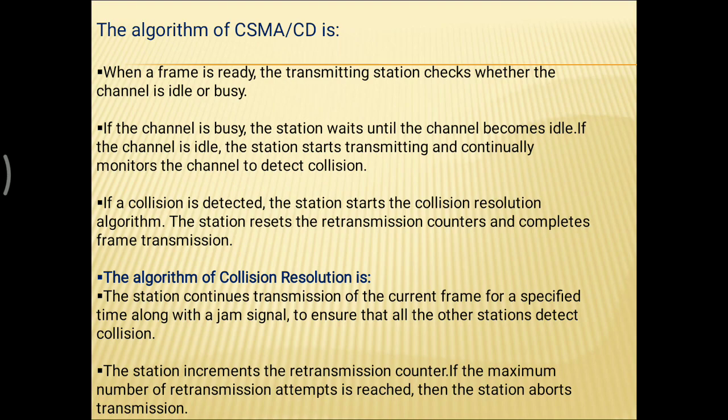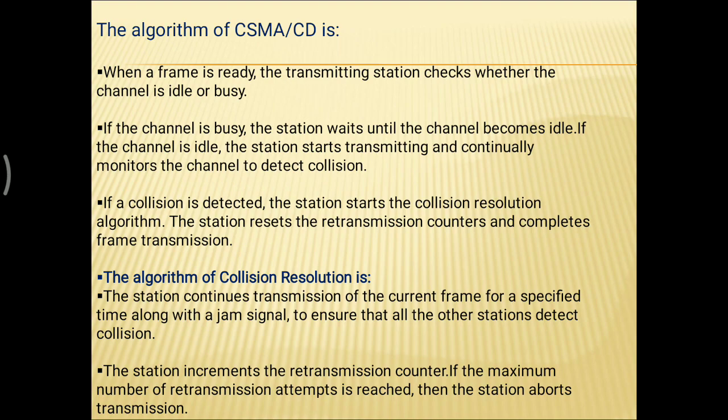We have the CSMA/CD flowchart for a clear explanation of how the collision will be detected. Before that, we have to follow the CSMA/CD algorithm. In this algorithm, when a frame is ready for transmission, the station verifies whether the channel is idle or not.